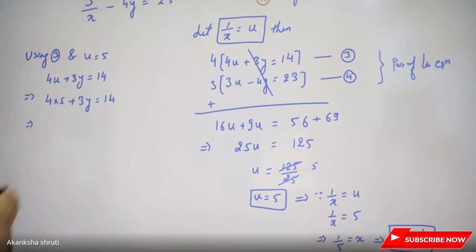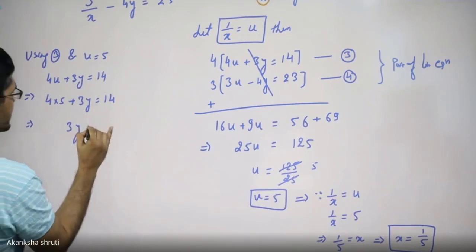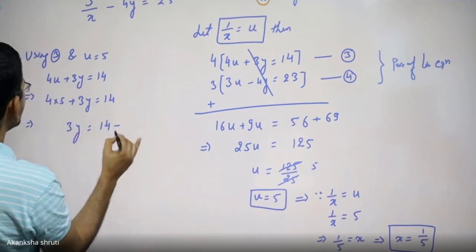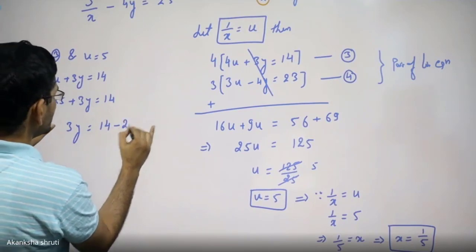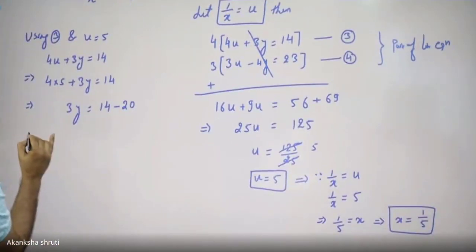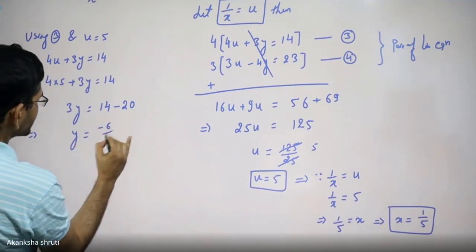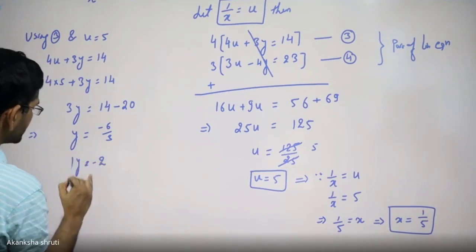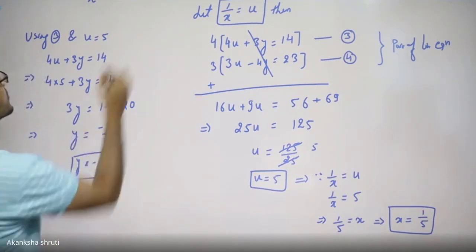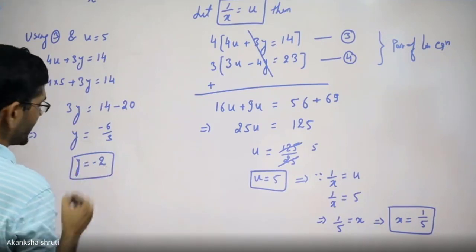This implies 3y = 14 minus 4 5s are 20. So this implies y is minus 6 by 3. The y value is minus 2. So this way the value of y is calculated as minus 2.